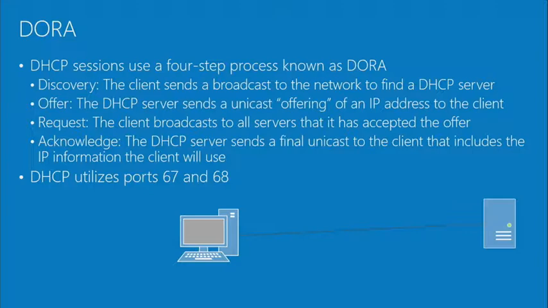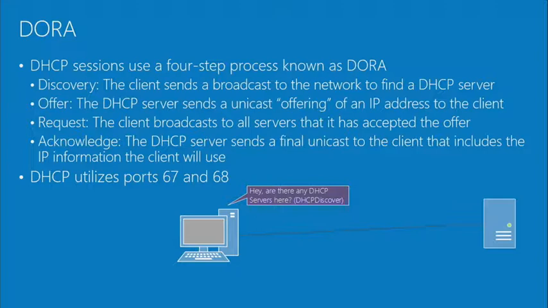The first thing that happens is it basically says, "Are there any DHCP servers out there that can hand me an address?" That's the DHCP Discover packet that gets sent out. It's a broadcast, so it goes out to every computer on the network within the broadcast boundary.